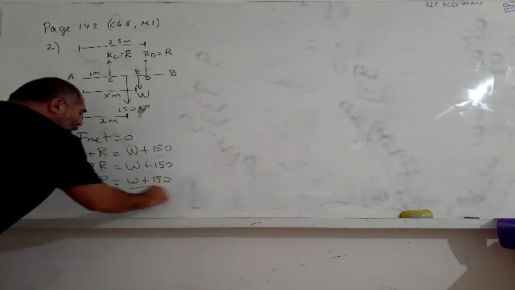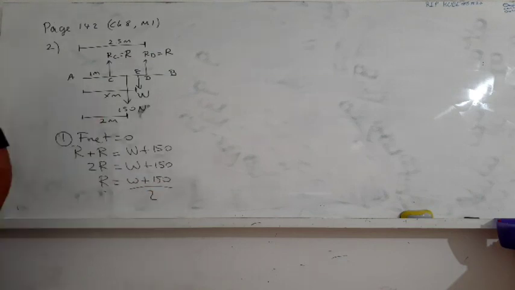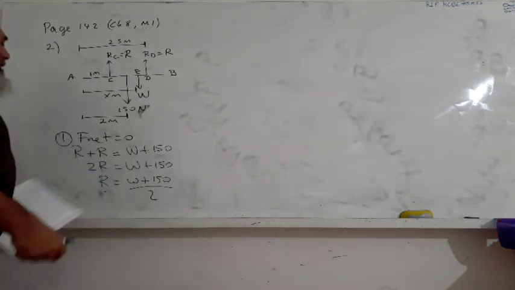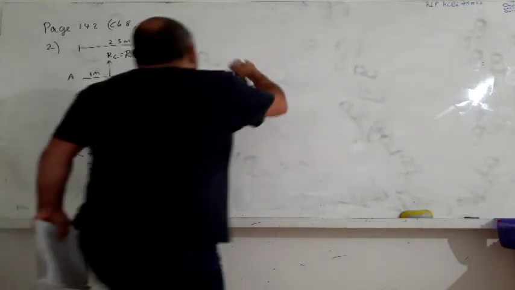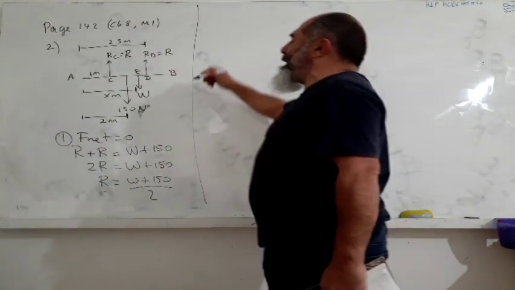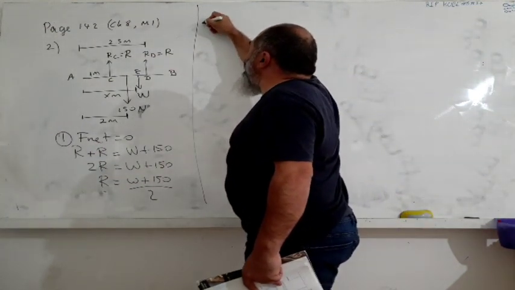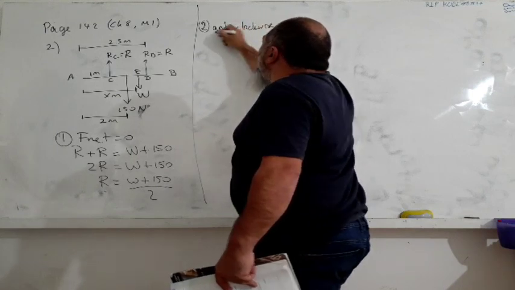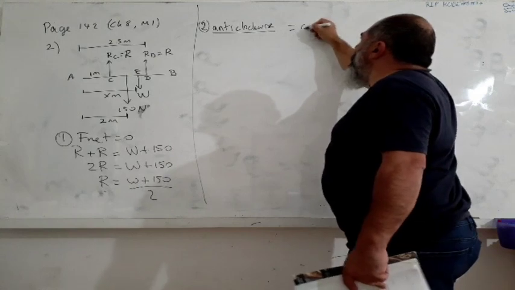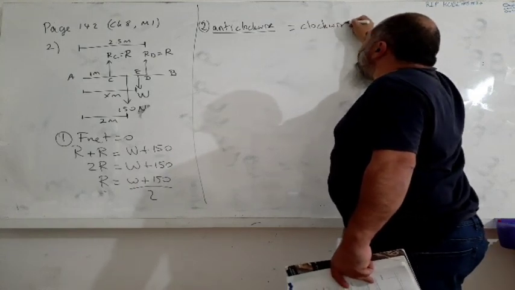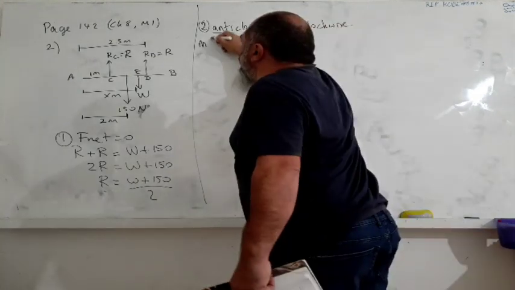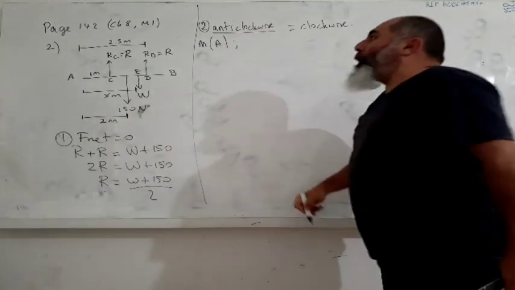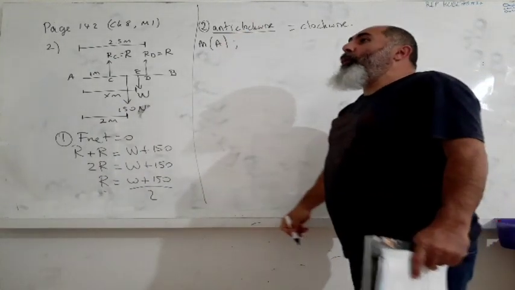Now we have to apply our second rule, which always says anti-clockwise moments must be equal to clockwise moments. We are going to take our moments about point A. Always use point A unless stated.